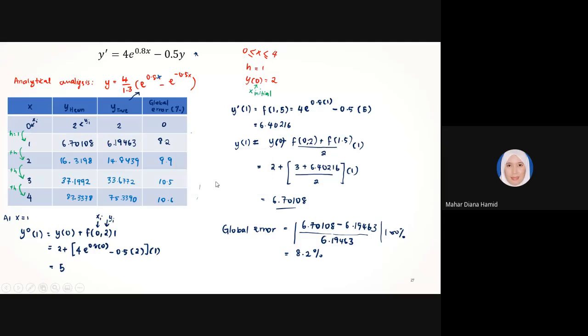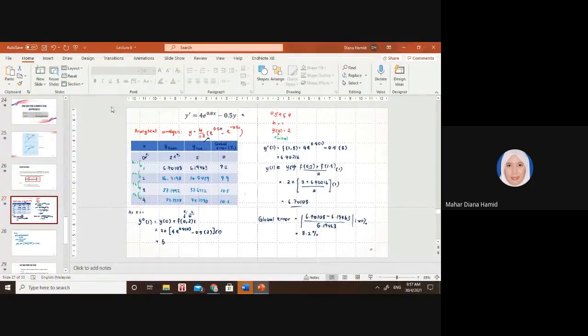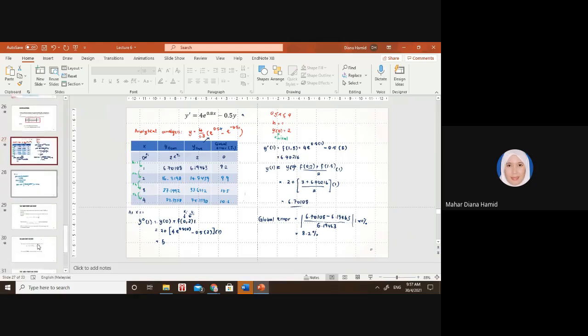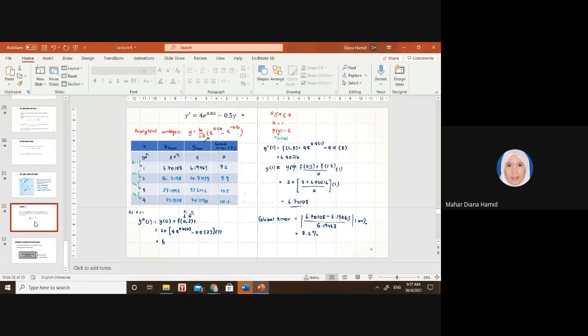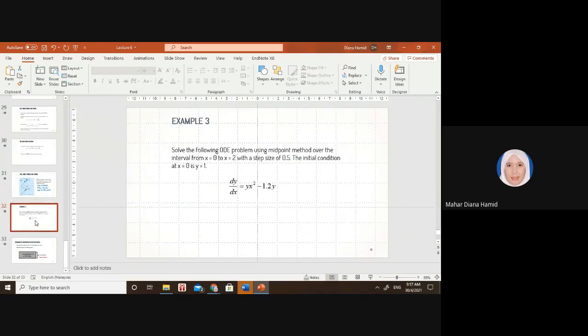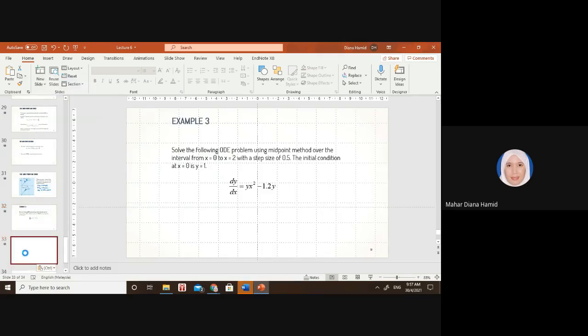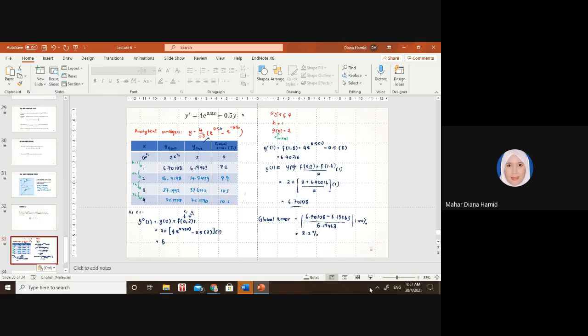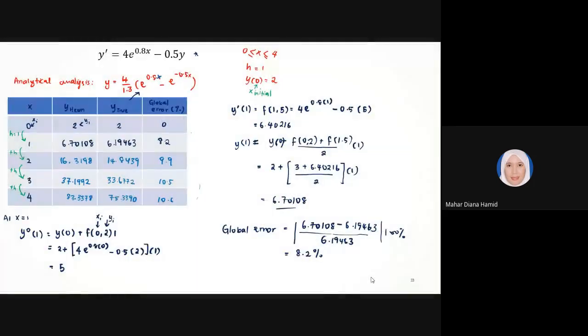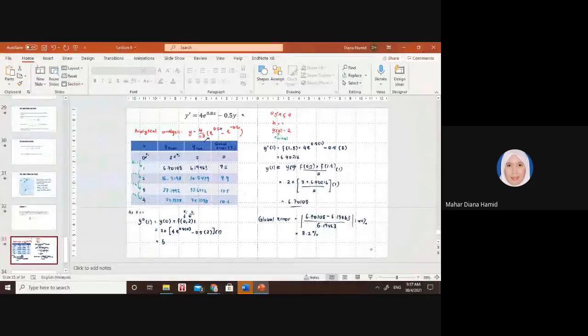I wanted to use this, so I just copy this one. We are going to use example 2, and instead of using Heun's method, we are going to use midpoint.